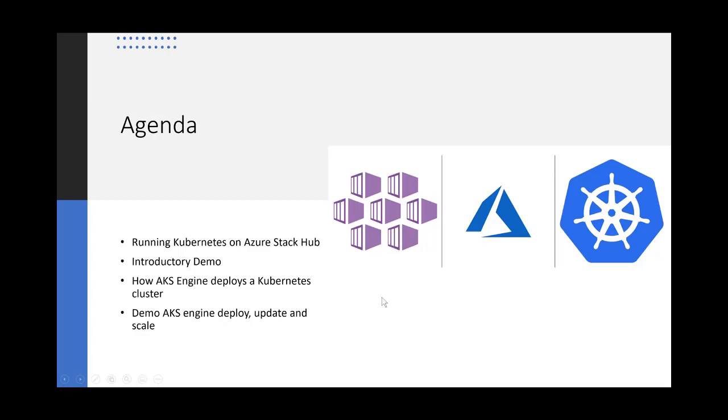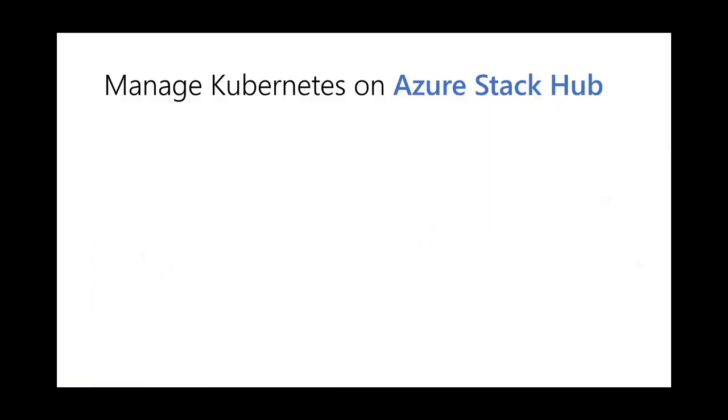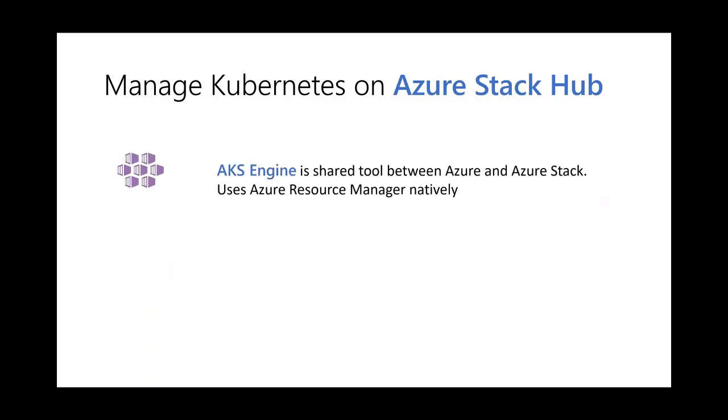So why don't we jump into this and start looking into the various aspects of it. The very first thing is obviously this is the tool that we're going to be talking about, AKS Engine. We're going to be diving deep into this one. It's a shared tool. It's a command line tool. It's shared with the Azure team. It's an open source tool.